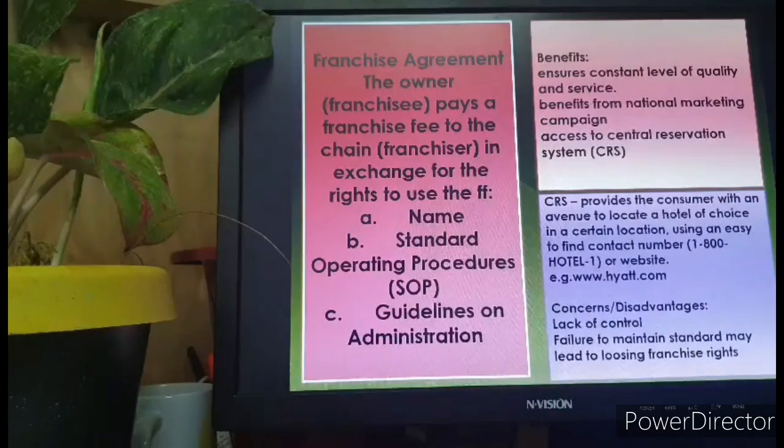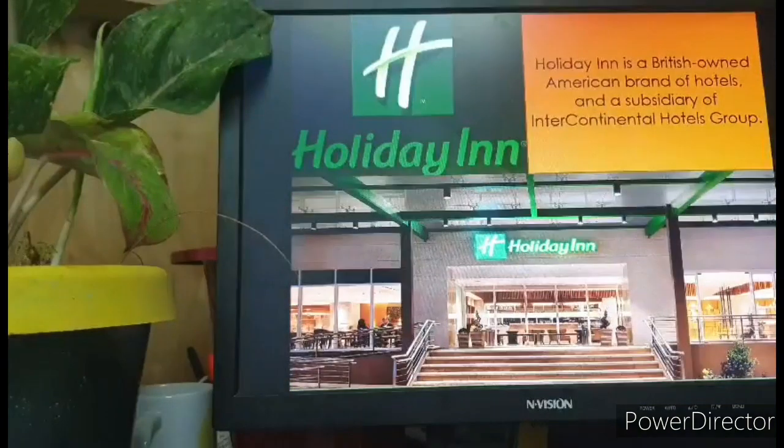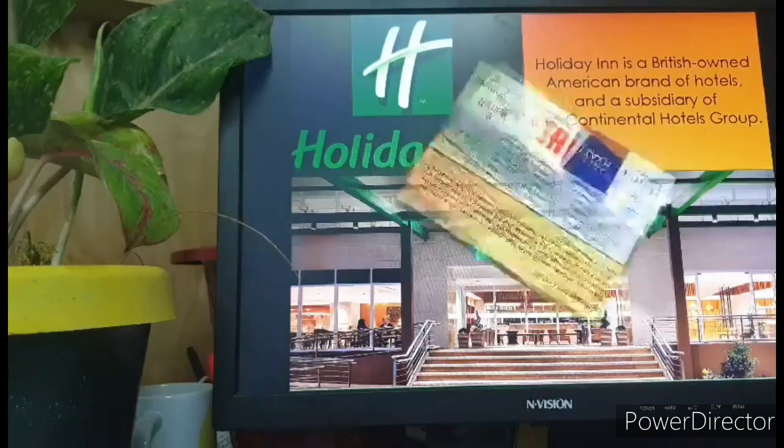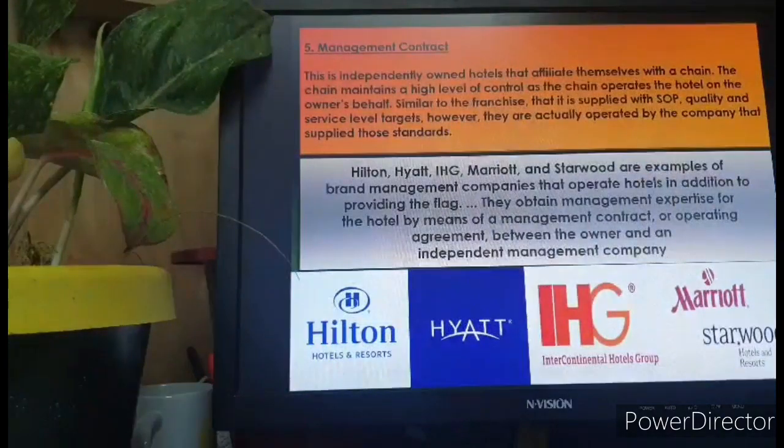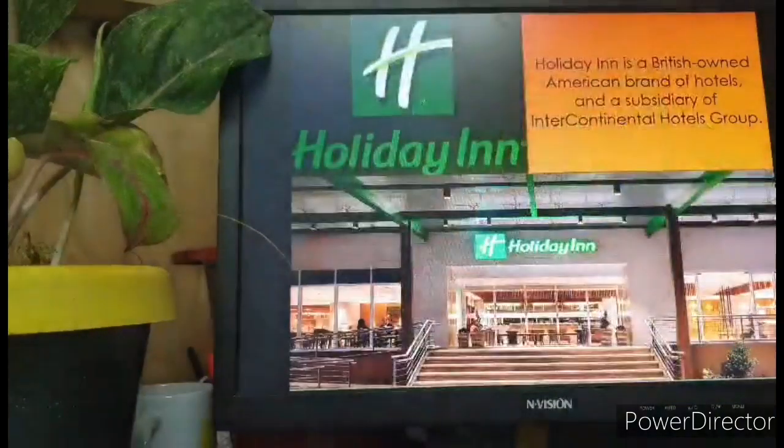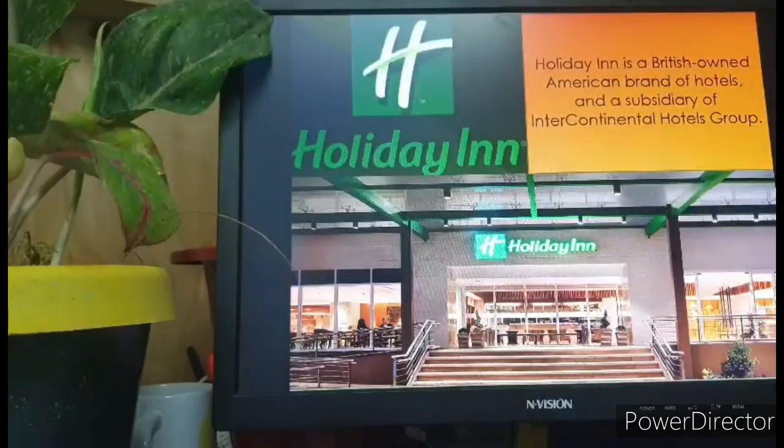Of course, if you will not follow the said protocol, what's sad to say, they will remove you. Holiday Inn is the best example. It is a British-owned American brand of hotels and subsidiary of Intercontinental Hotel Groups, or the IHG. We are very much grateful because we have an IHG here in our city, Baguio City.